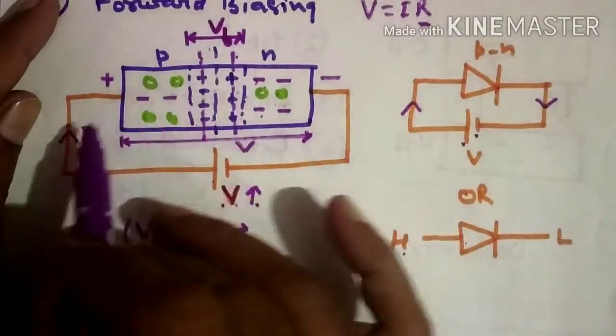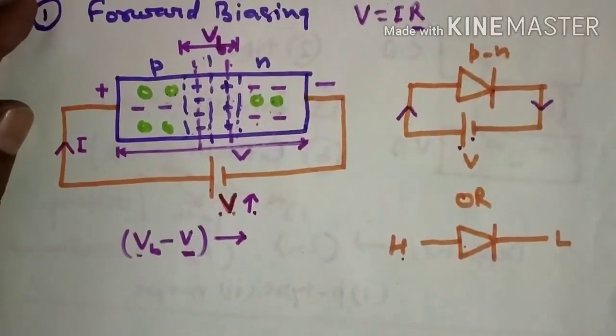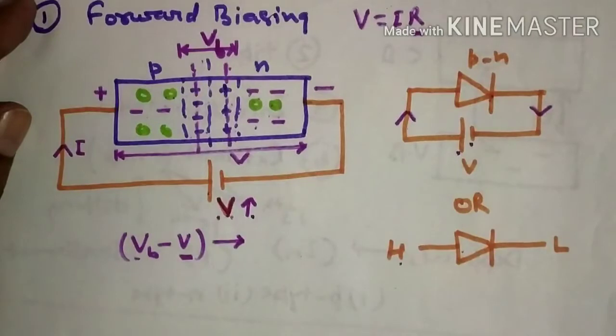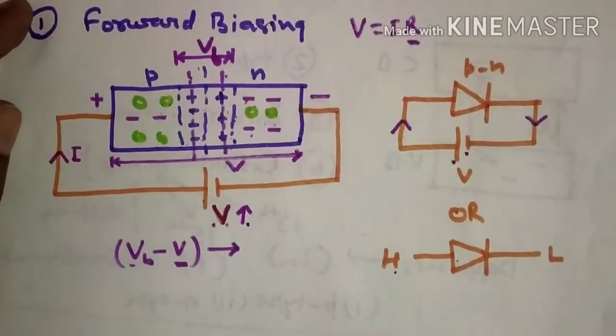Now this variation in the current with this voltage in forward biasing is known as the characteristic of the PN junction diode. So if I ask what you mean by the characteristic of a PN junction diode, the characteristic refers to the relationship between the current and the voltage in that diode.